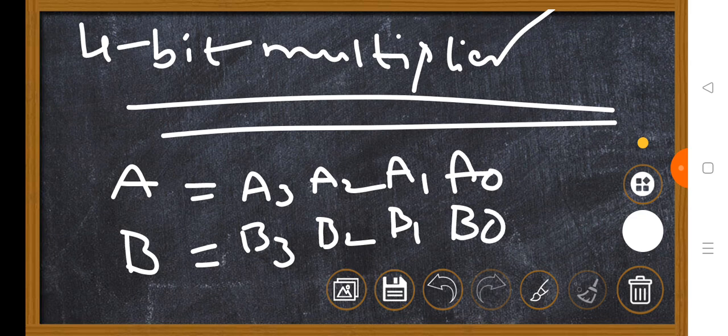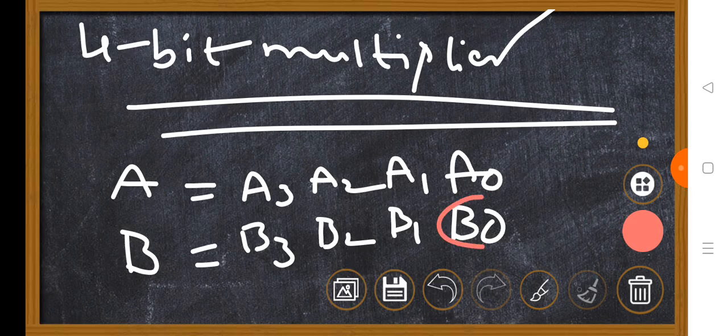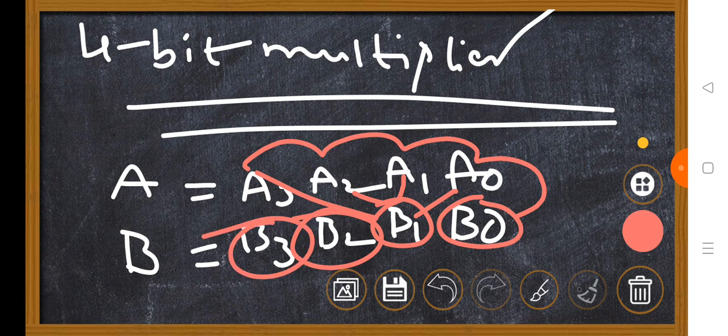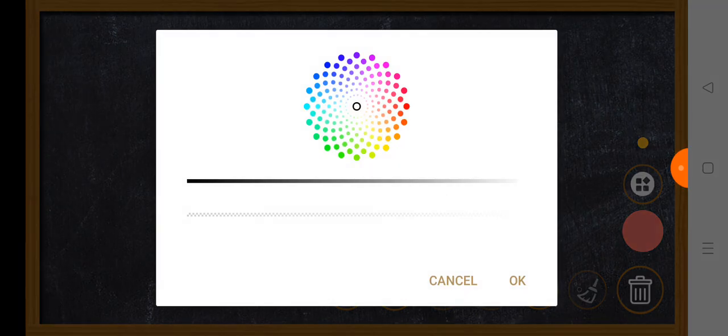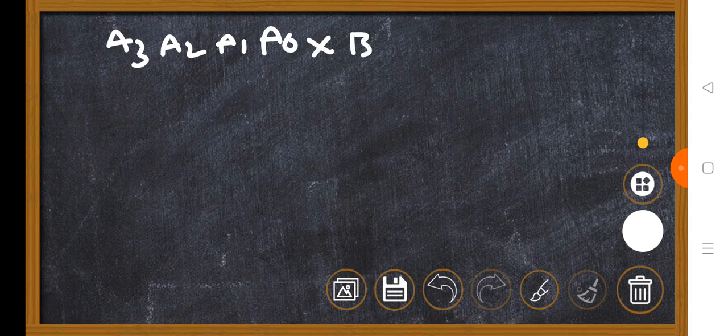From the lower classes onwards, first of all we have to multiply B0 with each and every bit of A, and then B1, after that B2, after that B3. Observe very carefully. Now you have A3, A2, A1, A0 into B3, B2, B1, B0.